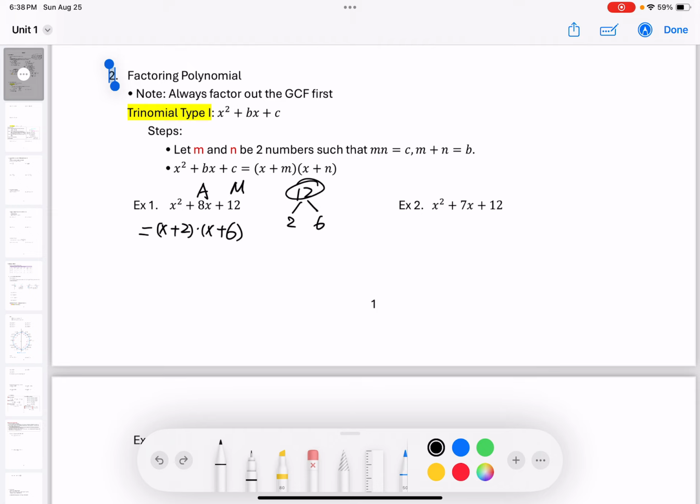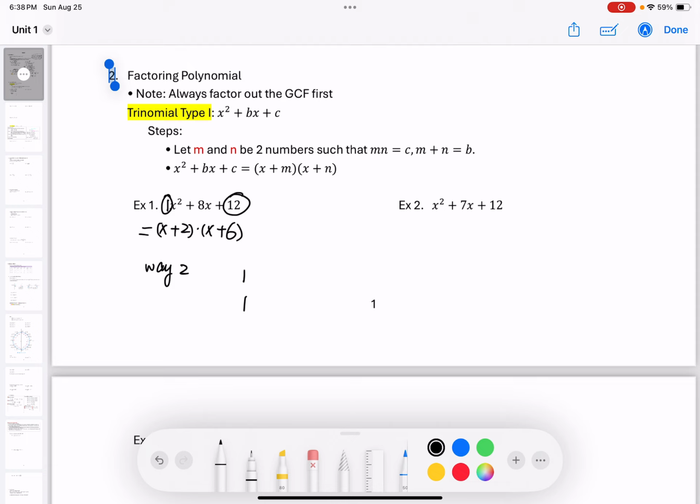All right, some of you are using the crisscross method. Find the factors of the leading coefficient. Leading coefficient is 1, so the factor of 1 is 1 times 1. We do that vertically. And then find the factors of the last term, which is 12.